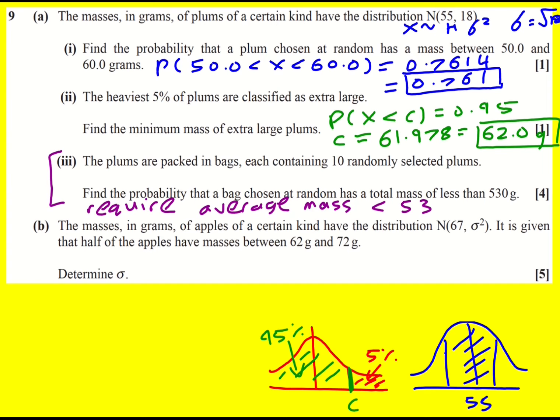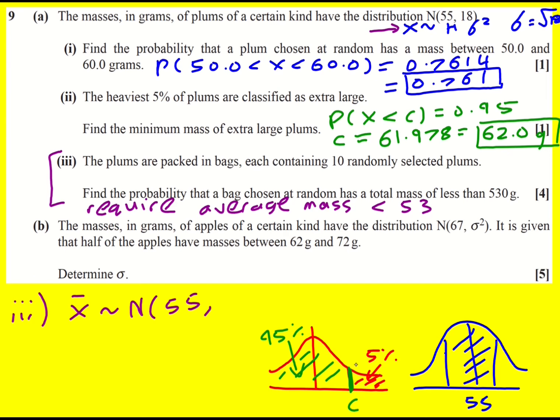And what this means is we're not going to be using the original normal distribution. We're actually going to be using the sample distribution that you normally use in your hypothesis testing. So the mean from our sample of 10 is going to follow a normal distribution with a mean of 55 again.